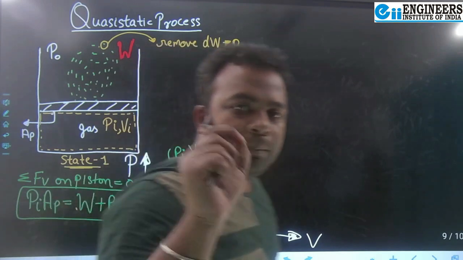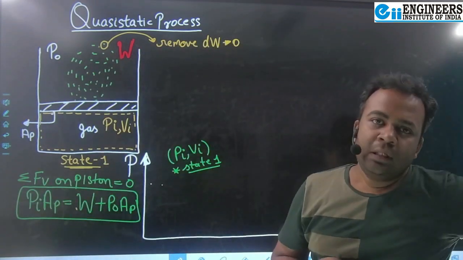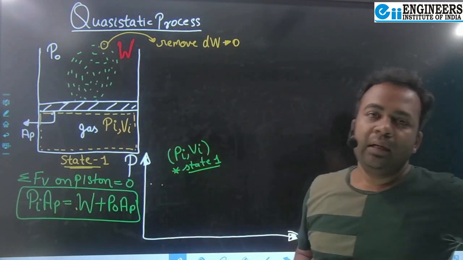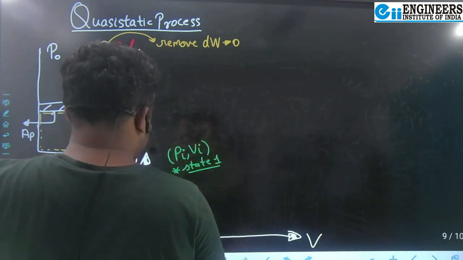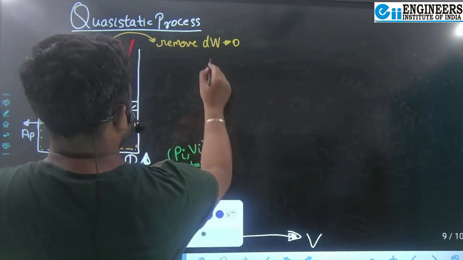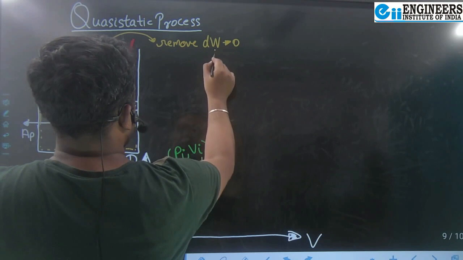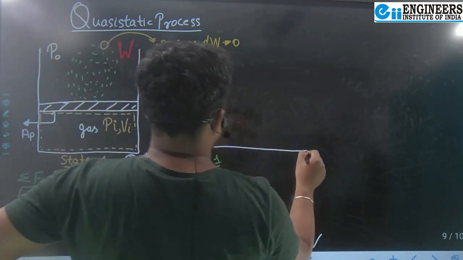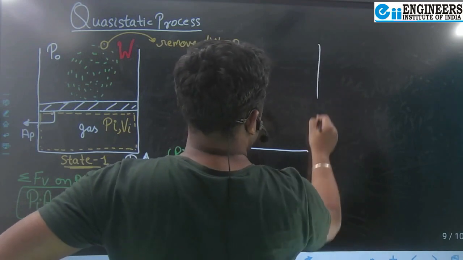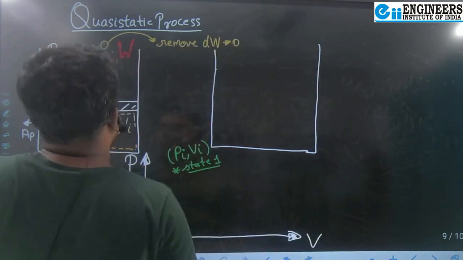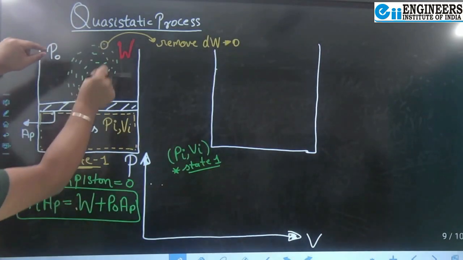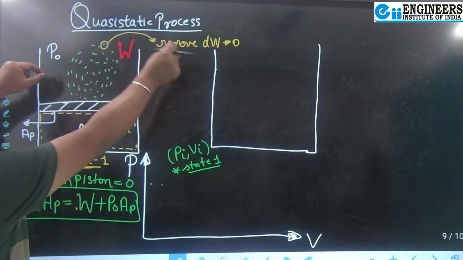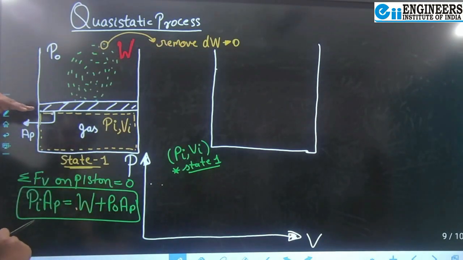See, the next step, after you remove this small weight dW, which is very, very less, let's see the further diagram from here onwards. As some amount of weight is out from the top of the piston, the piston will rise slightly.